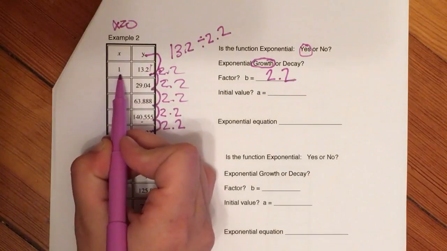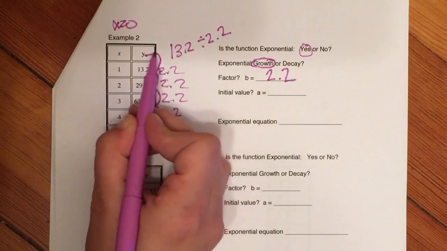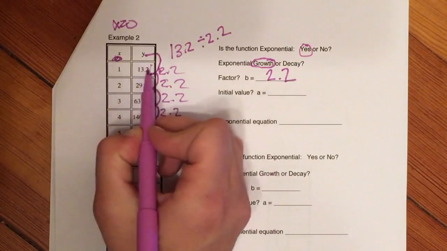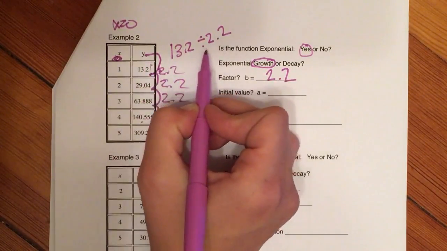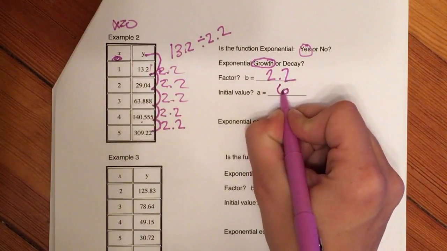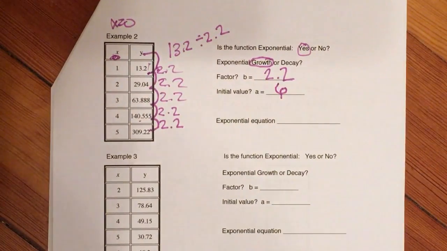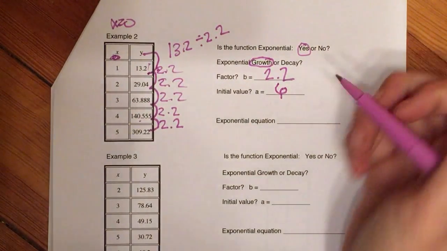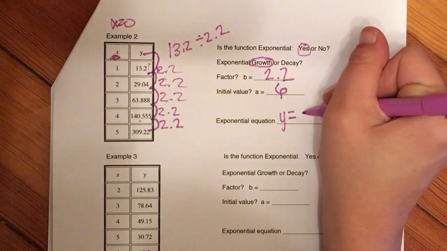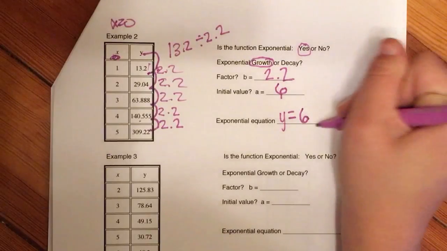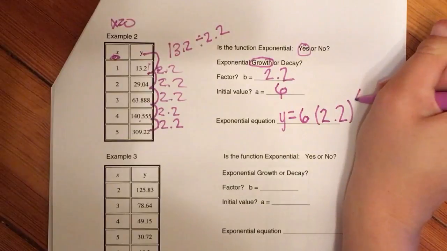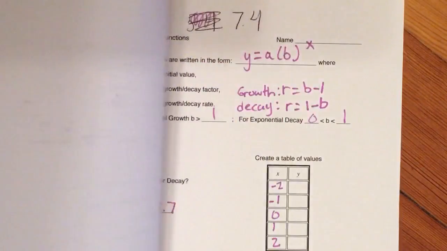Because we are already at x equals 1, we need to go up one more to figure out what my y value is when x equals 0. So we need to divide up. So we take 13.2 divided by 2.2, put that in your calculator, and you get 6. When you write your exponential equation, you have y is equal to ab to the x. My a, my initial value that we found, is 6. My b is 2.2 to the x.